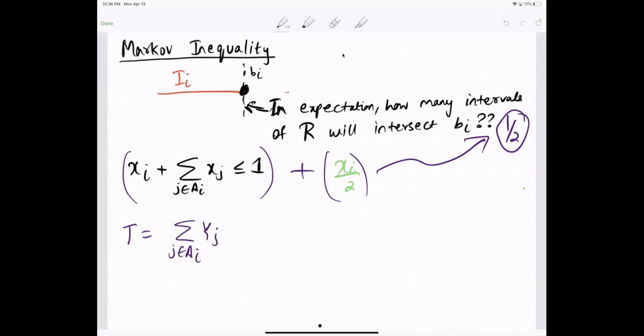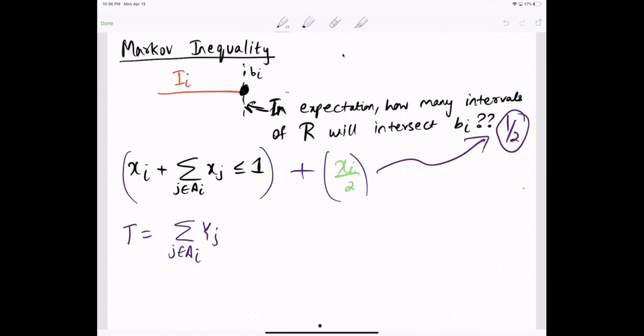All right, so the probability of T being greater than or equal to 1 is at most half, which means we go back to our previous thing.